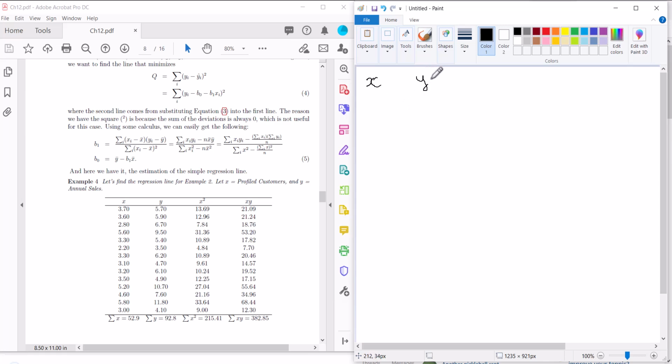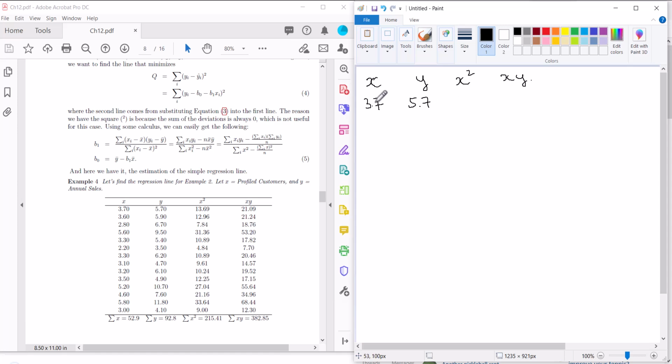And then you have y, which is the annual sales. Then you have the term x squared, so basically the square of all the x, and you have the term x times y. This data set will have 14 data points, so I'm just going to write a few data points here. For example, the first store has 3.7 million customers, and the sales are 5.7 million.